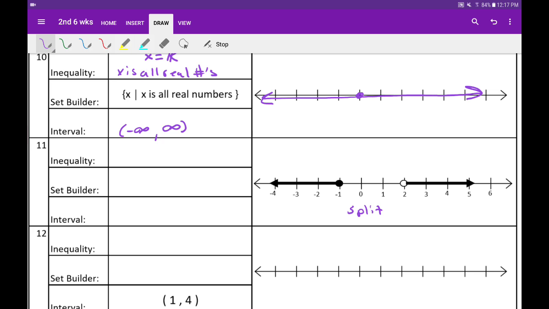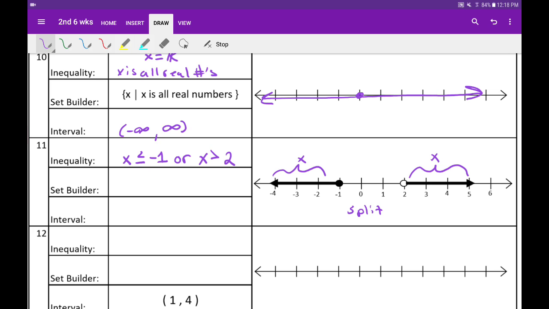For the inequality, we have all these x values. The x's here are going to be less than or equal to -1, or the x's are going to be greater than 2.